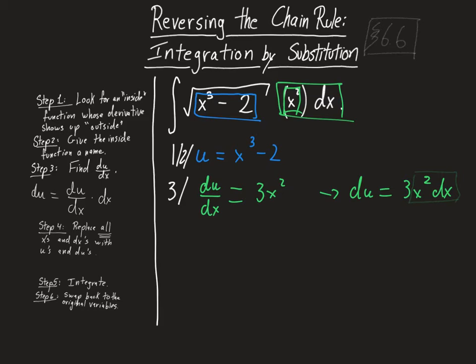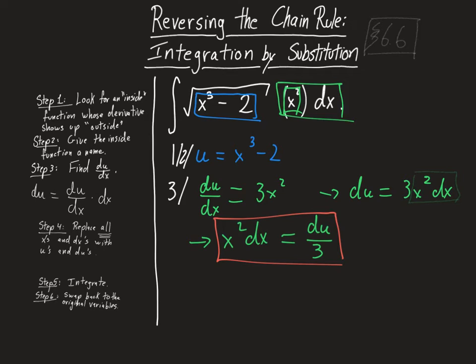Why is this? Well, we can do the following step. Note that now, if we have x squared dx, like we have up in our problem, this is going to be equal to du over 3. And this is a really important, I'm going to circle this in red, this is a very important little trick to do.